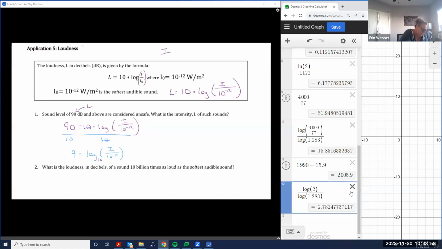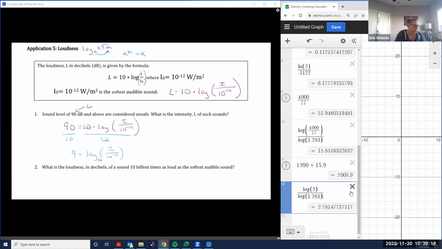If I had log base a of x equals m, remember, to switch this out of logarithmic format, I'm going to say a to the m equals x, right? That's how we are switching back and forth between those.